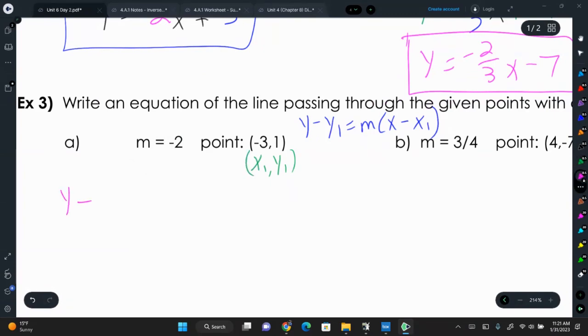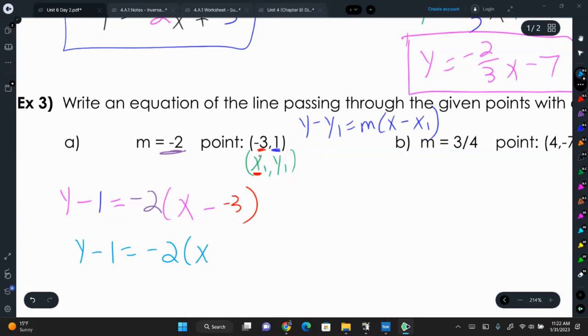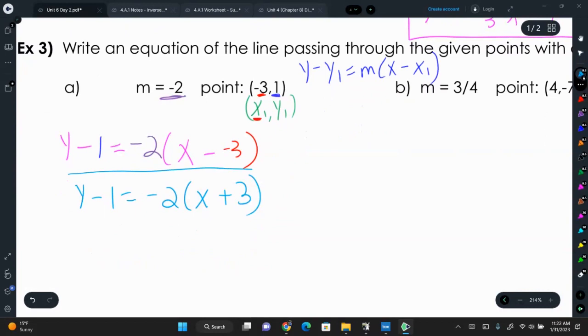So y minus y1, which is 1, equals your slope, negative 2, our m value, then in parentheses, x minus x1, which is negative 3. Well, we don't want to leave it as x minus negative 3, so we're going to write x plus 3. And that would be as far as you have to go. You don't need to go any further.